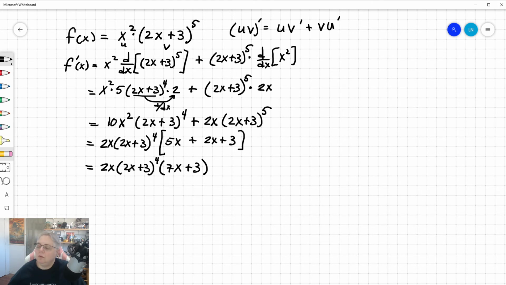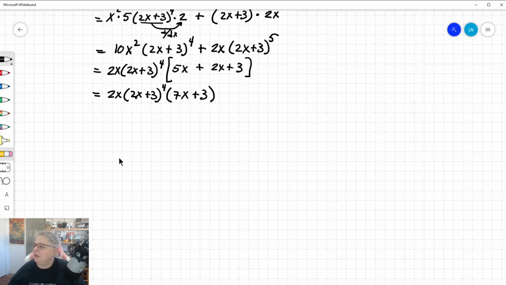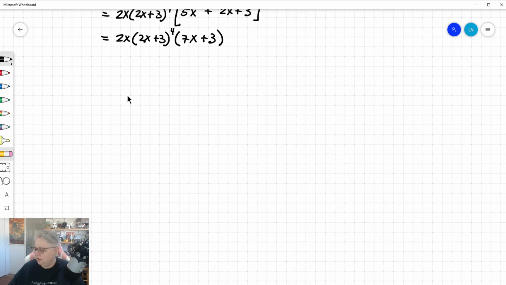Oh, I know. We did a problem in class yesterday that I had to work out using the quotient rule. That problem was something along the lines of f of x equals 1 over, I don't know, x squared plus x plus 1.